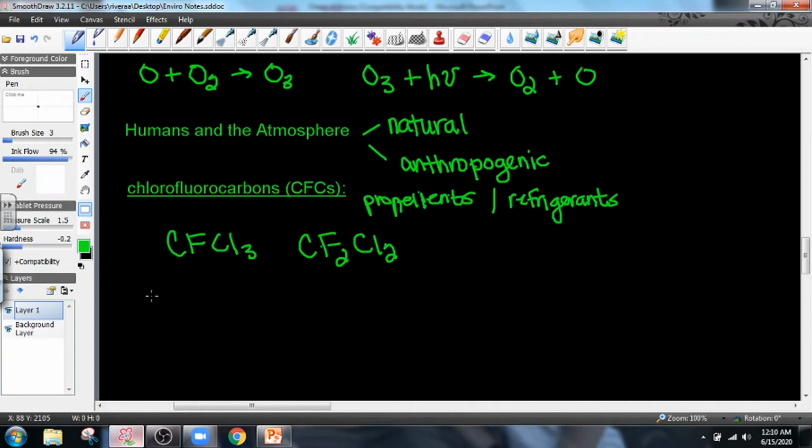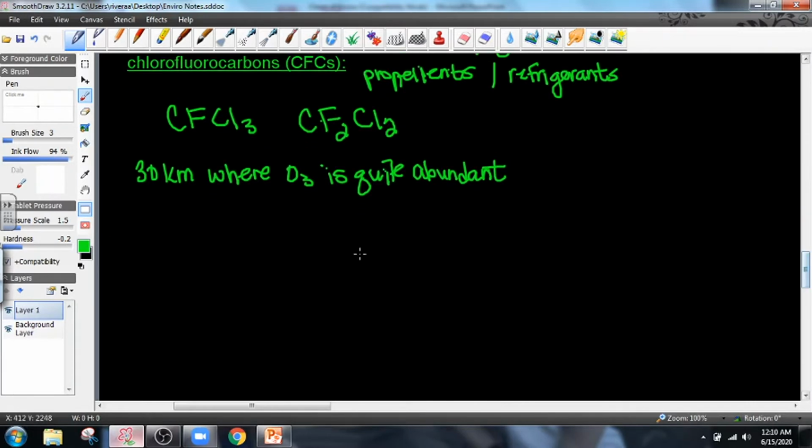So here's what happens. At around 30 kilometers in altitude, where the ozone layer exists, where O3 is quite abundant, scientists found out that these CFCs were pretty reactive to photons of light.